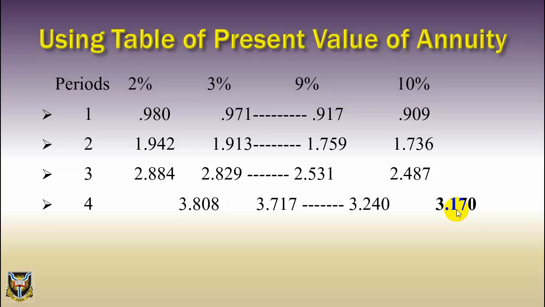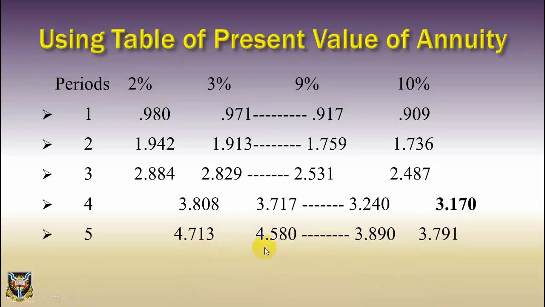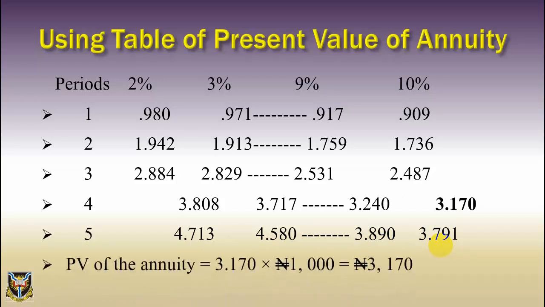Period 5: 4.713 at 2%, 4.580 at 3%, 3.890 at 9%, 3.791 at 10%. PV of the annuity is equal to 3.170 times 1,000 naira, which is equal to 3,170 naira.